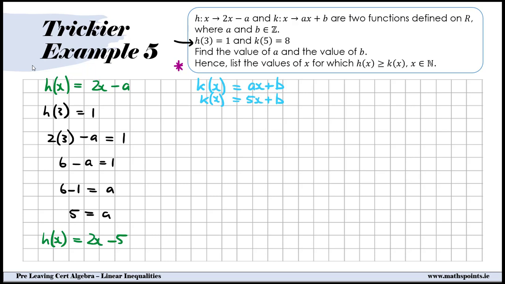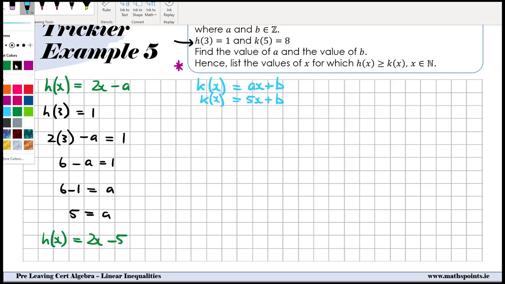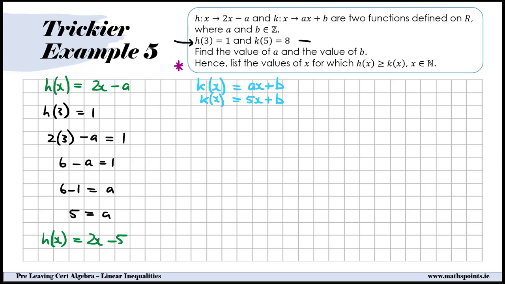And I'm going to try and find out what b is using the other piece of information that they've given me in the question, that k of 5 equals 8. So if I write down k of 5 equals 8, what does this mean? It means that if I put 5 in for x into the function as an input, the output of the function is 8. So let's go ahead and do that.